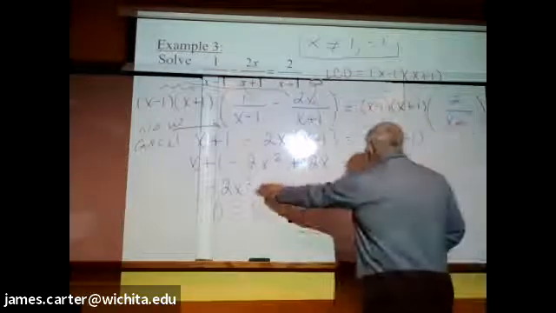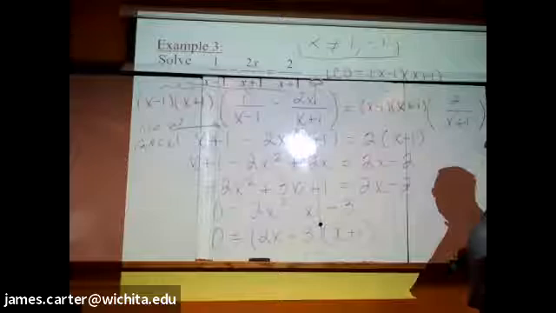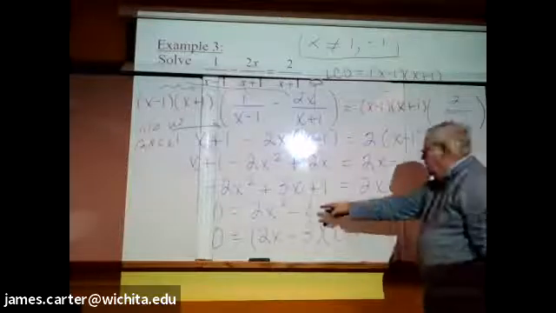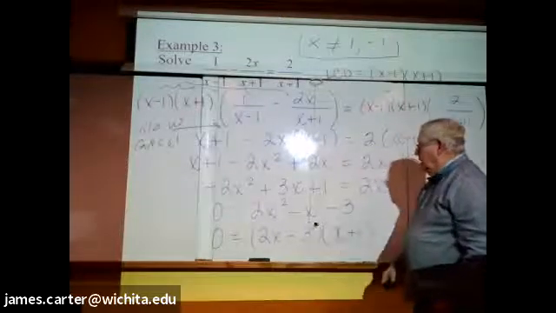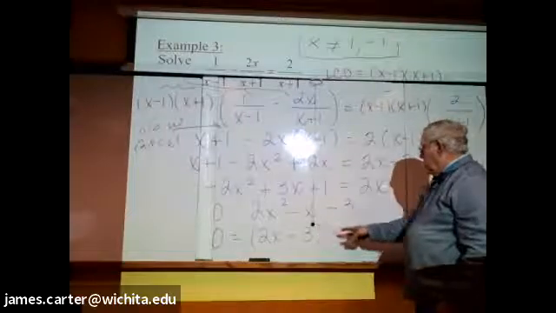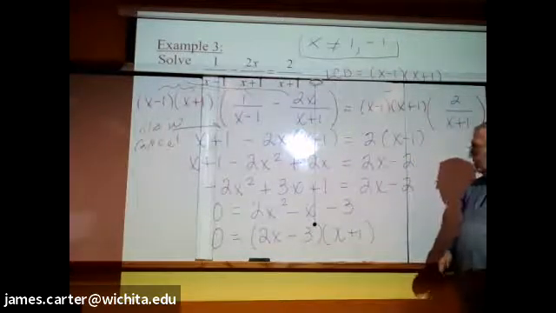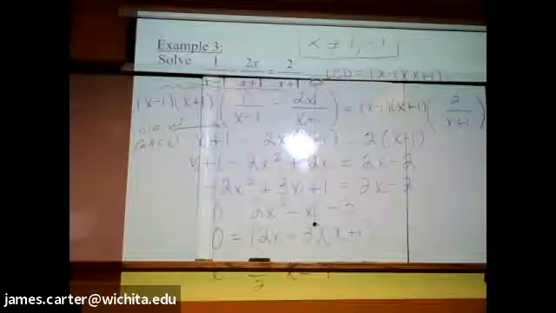Actually, what they did is they moved these three on this side. So, this thing will factor. It'll factor into 2x minus 3 and x plus 1. Those are the factors that it'll get.